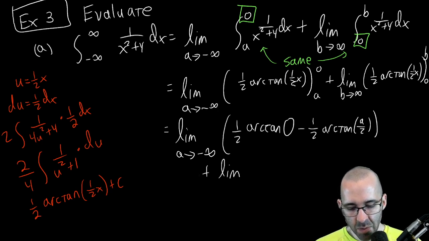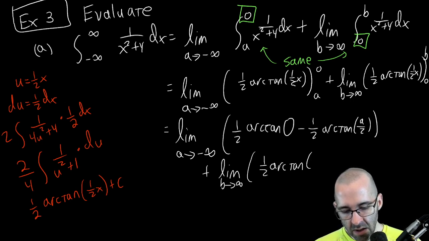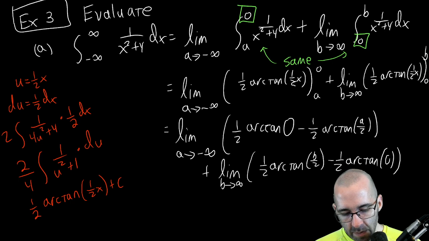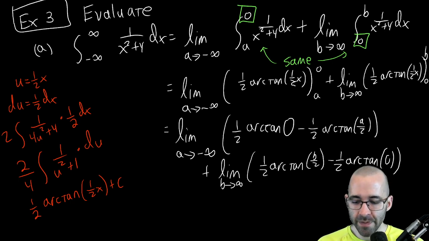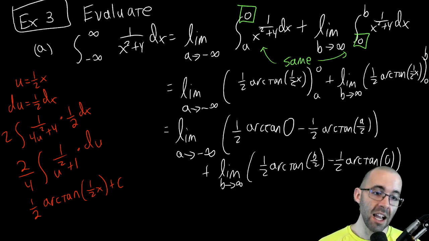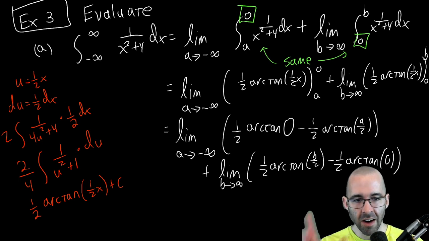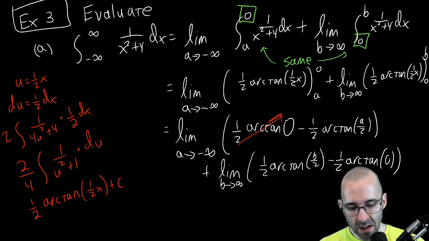We're adding the limit as b goes to infinity. 1/2 arctan b over 2 minus 1/2 arctan of 0. Turns out arctangent of 0 is 0 because tangent of 0 is 0. Arctan is the inverse. So that's 0 and that's 0.